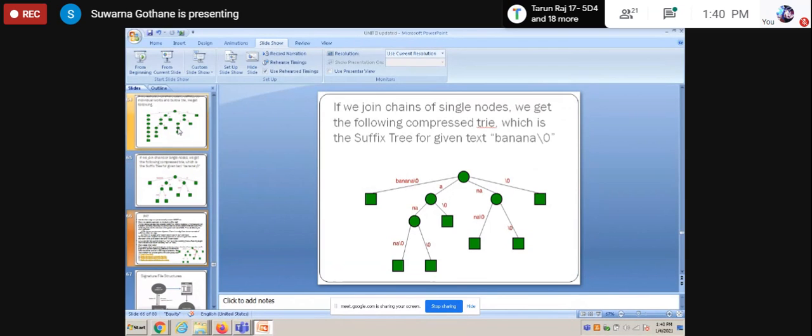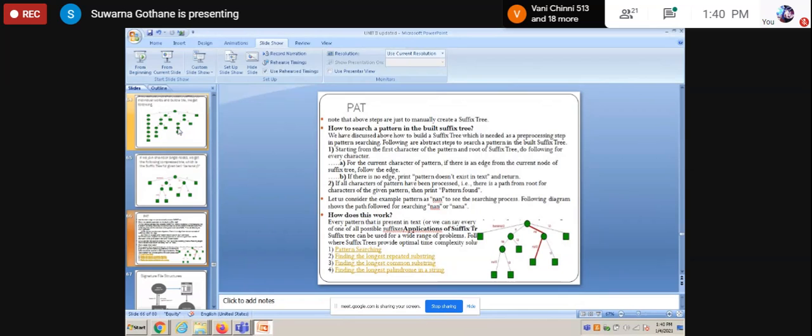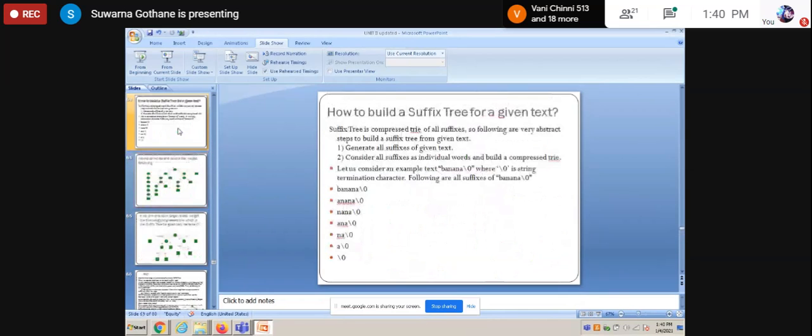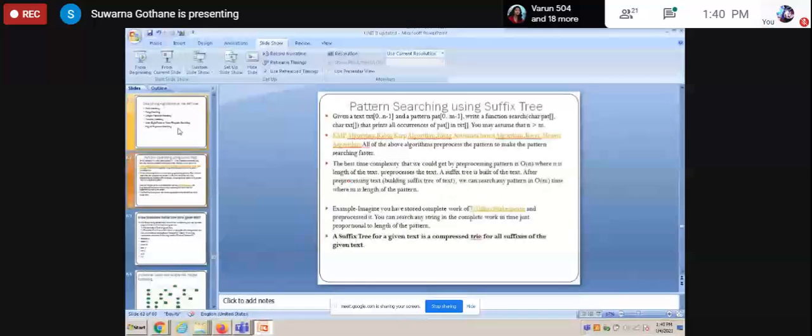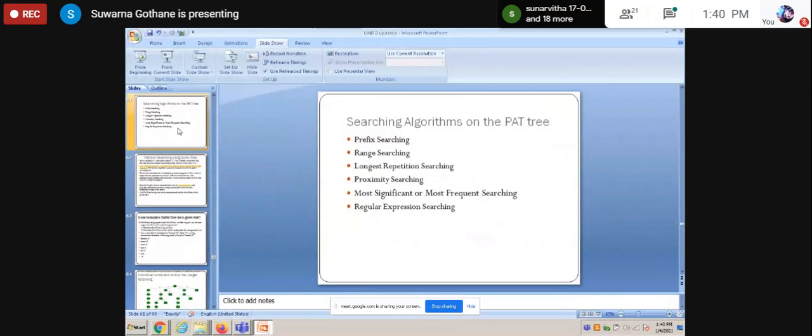Various algorithms can be applied for pattern finding, such as KMP, Rabin-Karp or finite automata, okay. The applicability is for searching prefix, range, proximity, regular expression, okay.